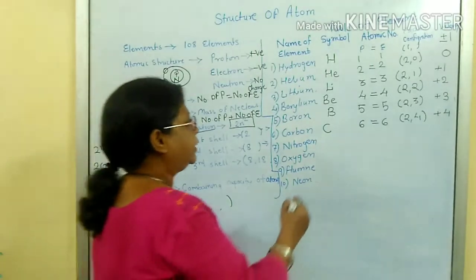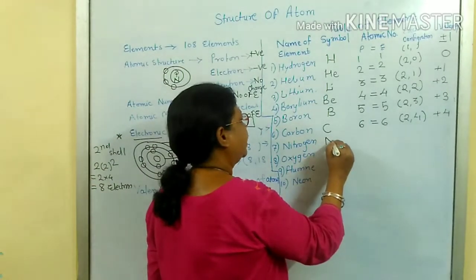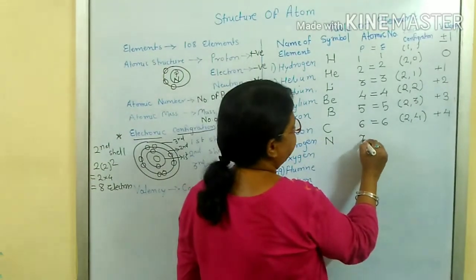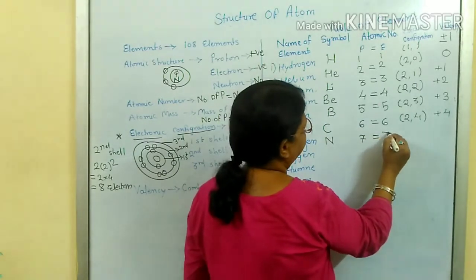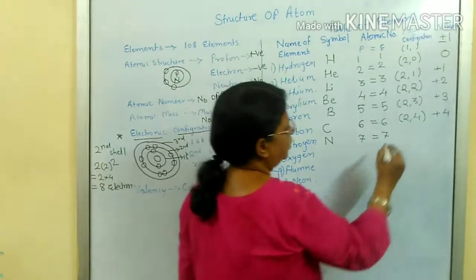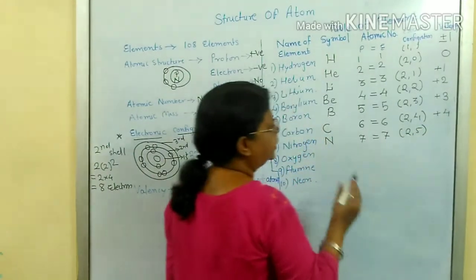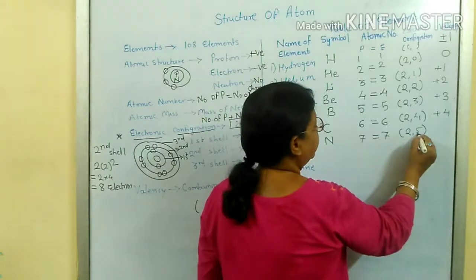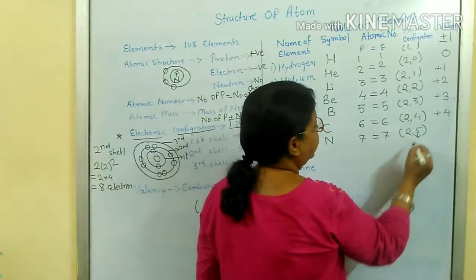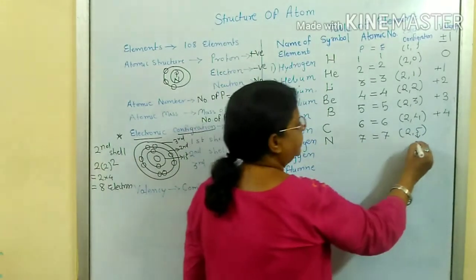Then nitrogen has symbol N, with atomic number 7, proton number 7, electron number 7. So its electronic configuration is 2, 5. So here, how many electrons are wanted in the outermost shell? That is 3.